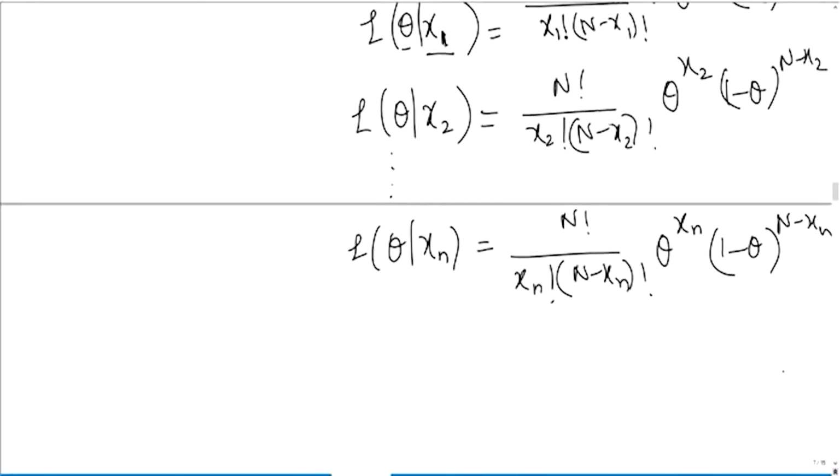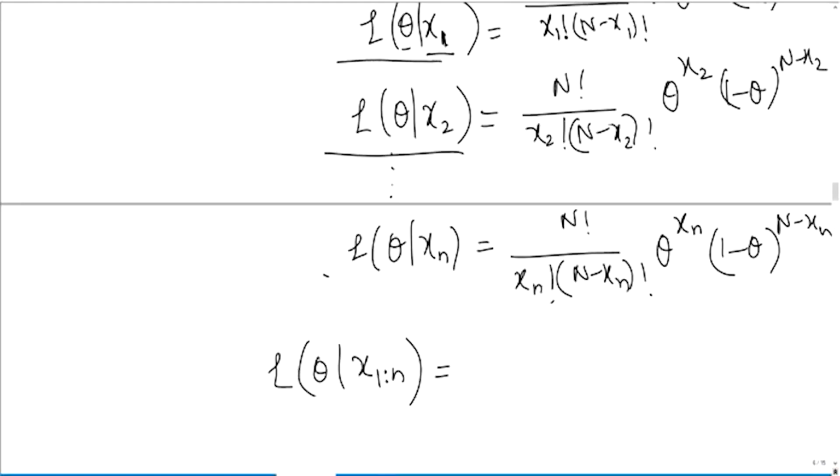In order to calculate the joint likelihood, that is, the likelihood for a particular value of theta given data from all these experiments x1 to xn, it would be the product of all these likelihoods, because we want to calculate the likelihood of joint occurrence of all these data from x1 to xn.